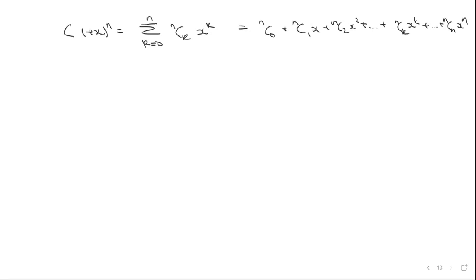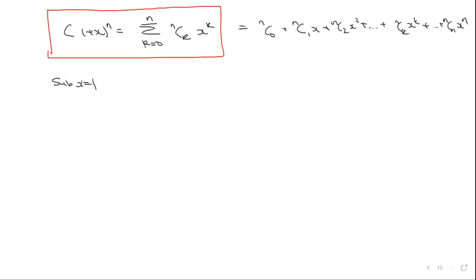So given the fact that (1 plus x) to the power of n is equal to this, what I will firstly do is I will sub x equals 1. I mean, this is an expression that works for all values of x. So I can just put in a value of x. So that means on the left-hand side, I've got (1 plus 1) to the power of n. And that must equal the sum from k equals 0 to n of nCk 1 to the power of k.